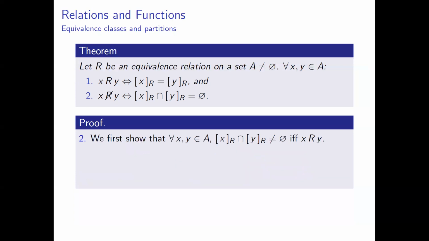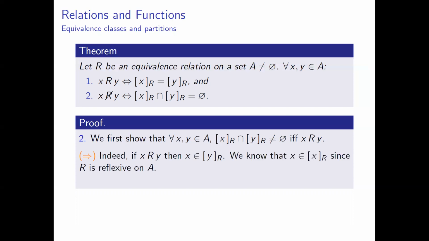To prove part 2, we first show that for any elements x and y in A, the equivalence class of x and the equivalence class of y are not disjoint if and only if x is related to y. Indeed, if x is related to y, then x is an element of the equivalence class of y.